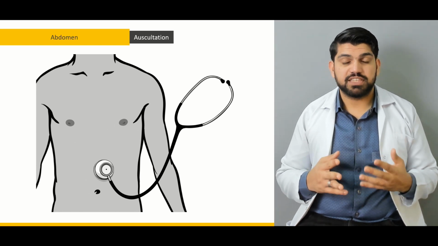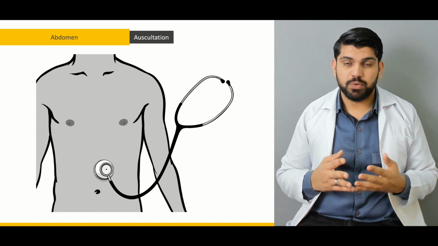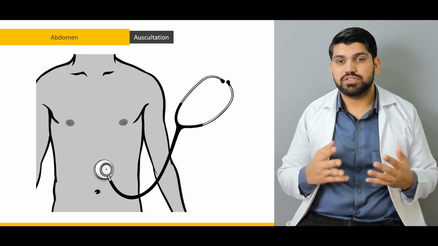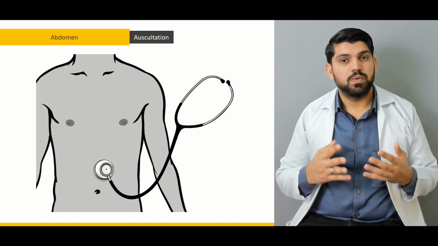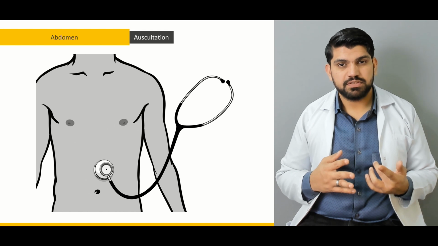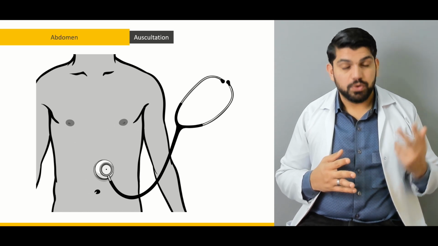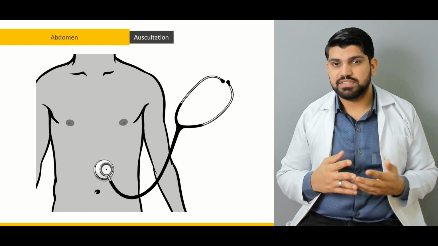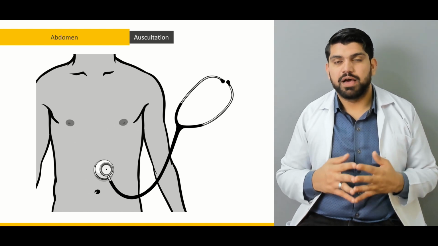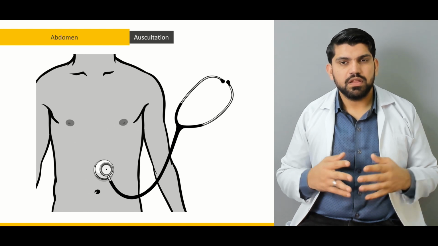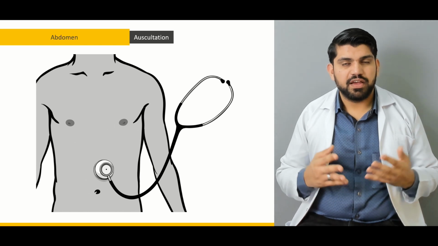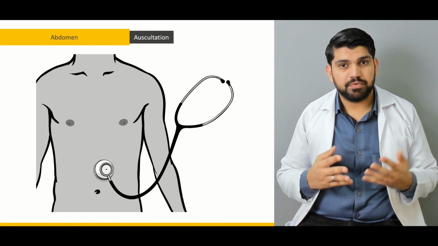If an elderly patient presents to you with long-standing constipation and you listen to his or her abdomen, what do you tend to hear with auscultation? Absent bowel sounds, normal bowel sounds, or hyper-exaggerated bowel sounds. These are all indicators of bowel obstruction. Then, with auscultation, you can identify any vascular bruit, for example, a renal artery bruit.